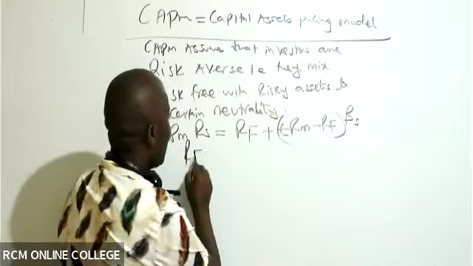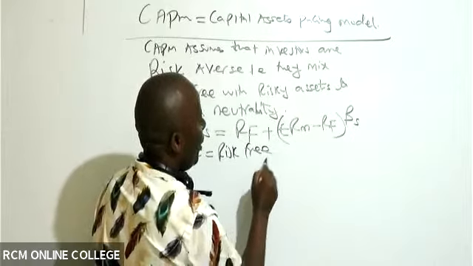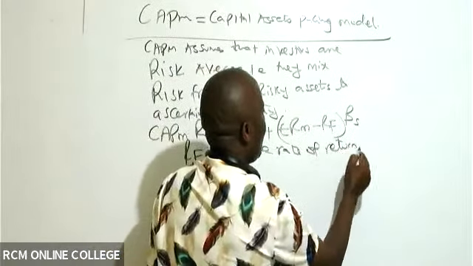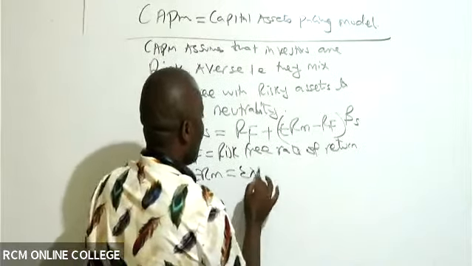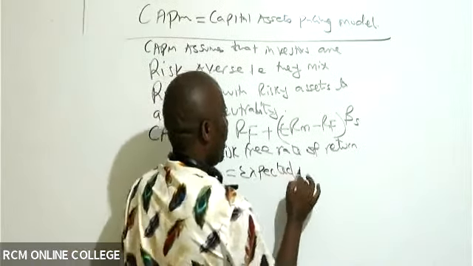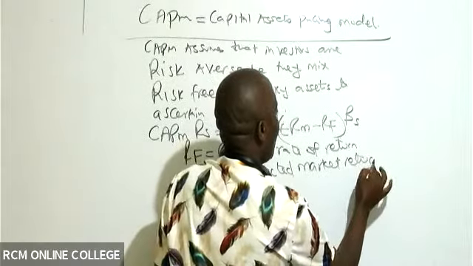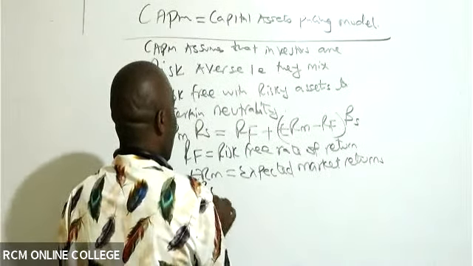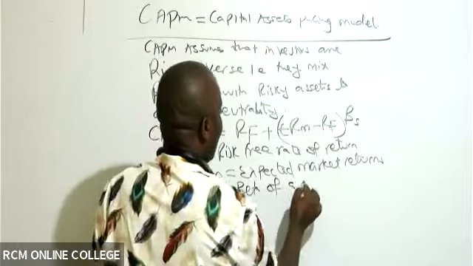Remember, RF stands for the risk-free rate of return. ERM stands for expected market returns, and then we have BS standing for beta of a security.